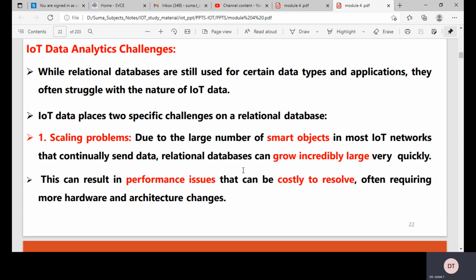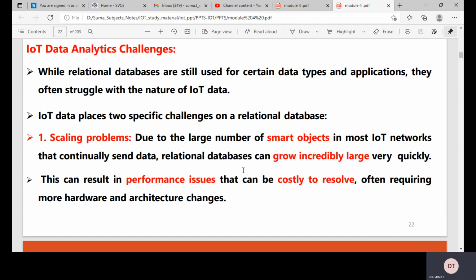As I told you, IoT sensors and devices produce huge data, right? Due to the large number of smart objects connected in most IoT networks, they are continually sending gigabits of data every second. So an RDBMS can grow incredibly large very quickly.